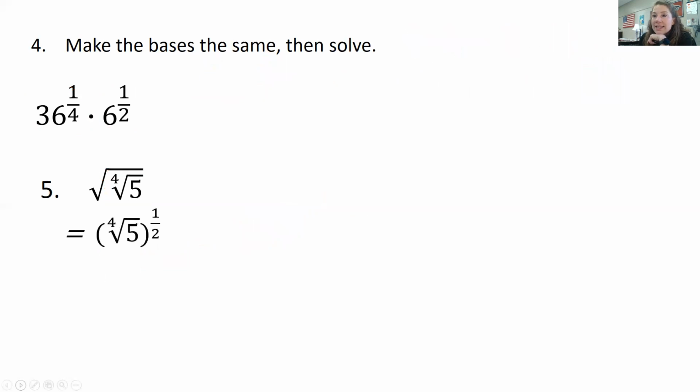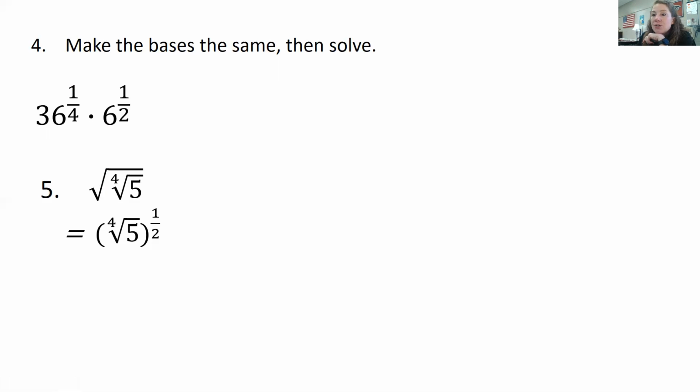All right, let's see that one step at a time. So basically we take the 4th root of 5, and we raise it to the 1/2 power. And that 1/2 power is taking that square root. Anything raised to the 1/2 power is basically the square root of that number.